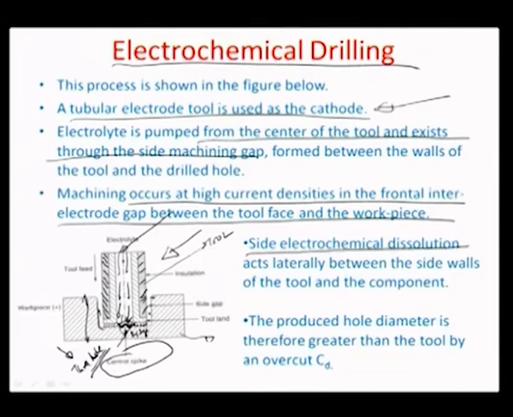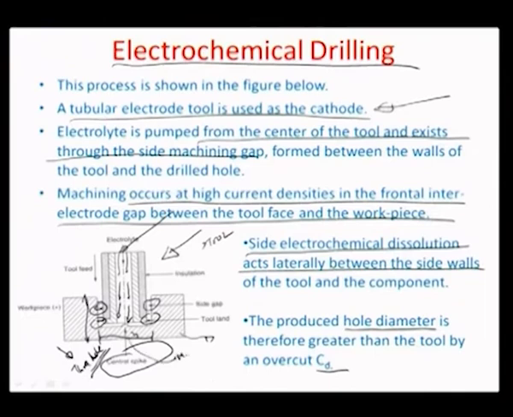Side electrochemical dissolution acts laterally between the side walls of the tool and the component, somewhere in these regions here. So the side gaps on both sides are where the side electrochemical dissolution would happen. And let us say if you want to produce a certain hole diameter, the overall machining diameter which comes out would definitely be more than that. So the machining diameter which comes out is greater than the desired diameter because of side machining.